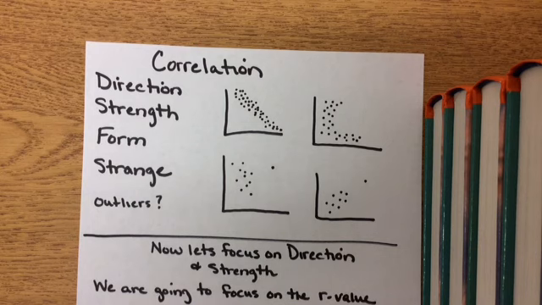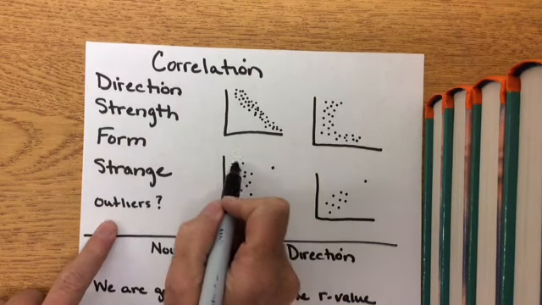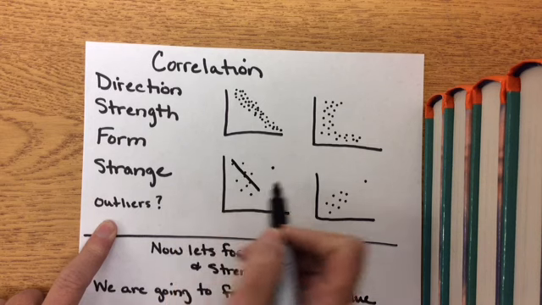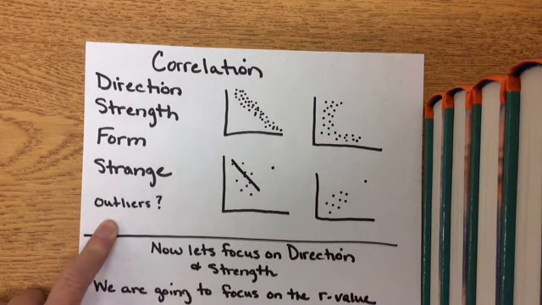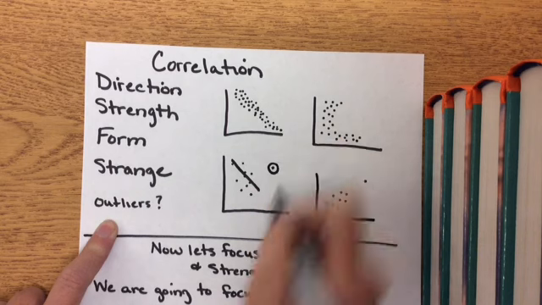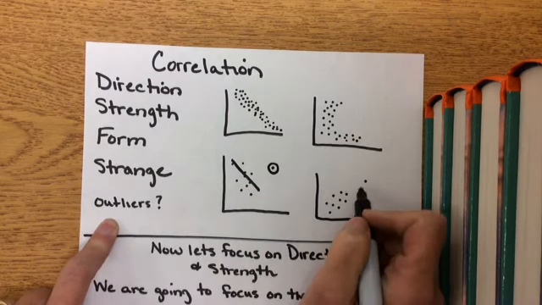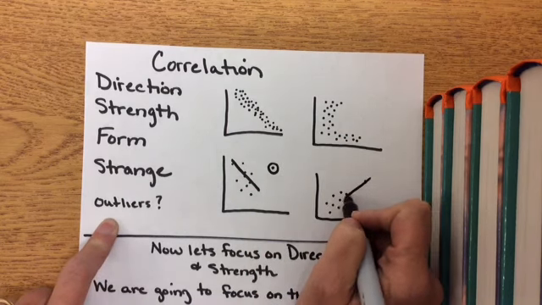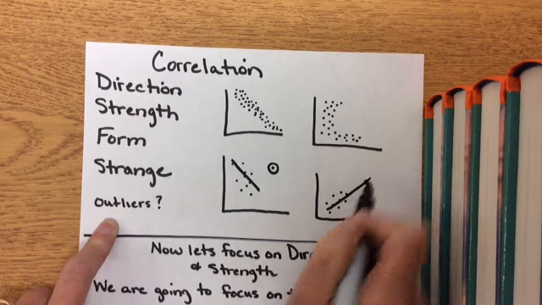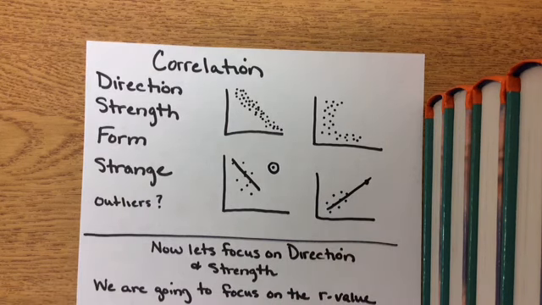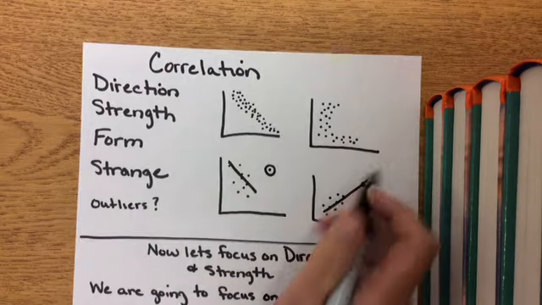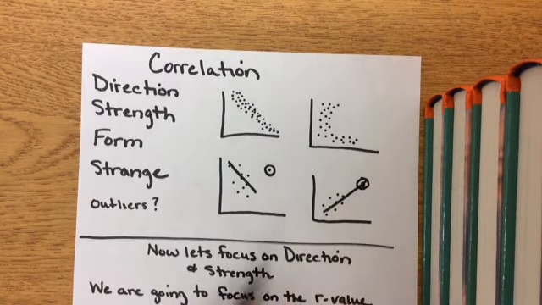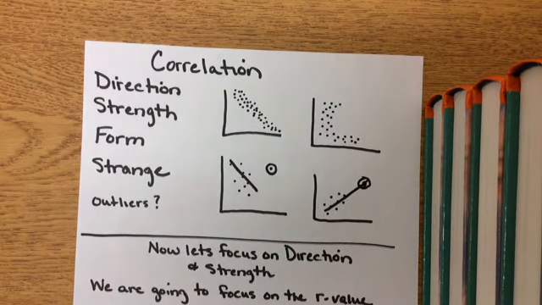Okay, so look at what happens when I add a line to this graph. If I add a line to this graph, I see that that point is way off. This is the point I'm looking at. But if I add a line to that graph, then I see that this point is right on the line or very close to the line.